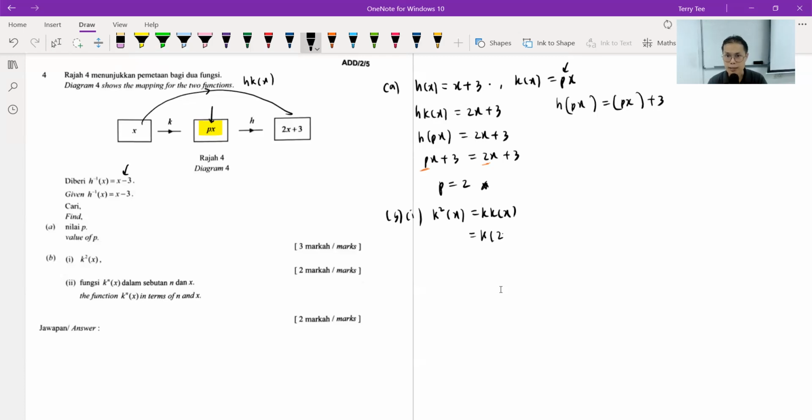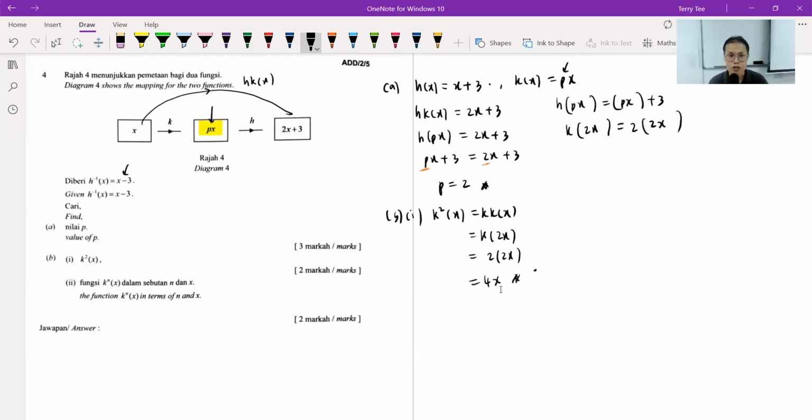So I'm going to put the 2x inside. So this will be k of bracket equals 2 times bracket. If I put another 2x here, I should put another 2x here. So it's going to be 2 of 2x, which gives us 4x. Yeah, so the end result, k2(x), is just 4x.